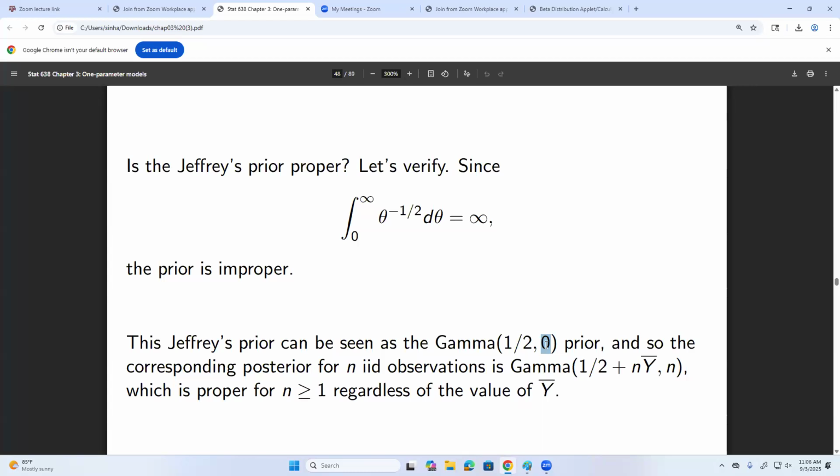In order to define a gamma distribution, both parameters have to be positive. But hypothetically, you can frame this density as a gamma with the first shape parameter 1/2 and the scale parameter 0.